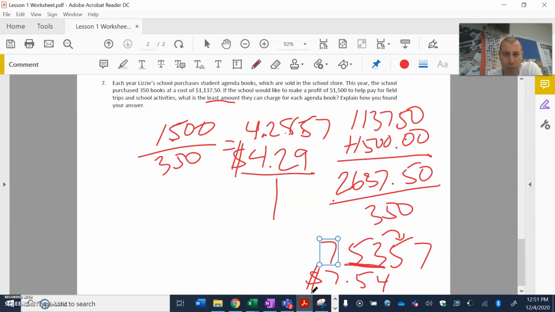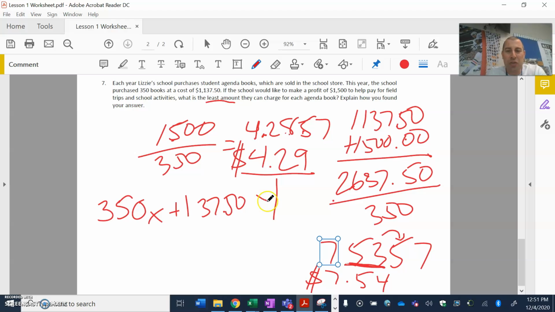So if we go back to it, we don't know how much it's going to cost for each book. But when we add on what we've spent for them as well, we want that to be greater than the $1,500 that we're looking at here.